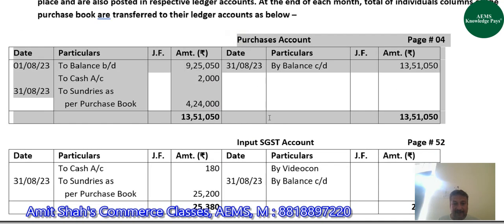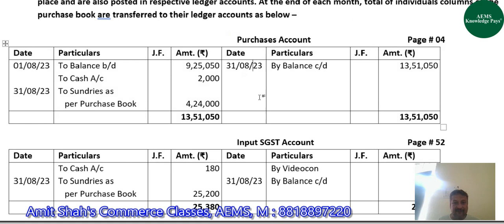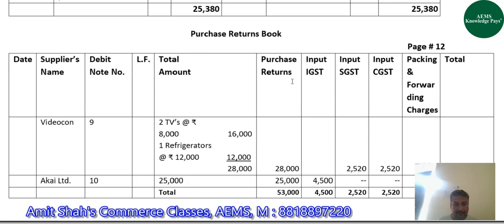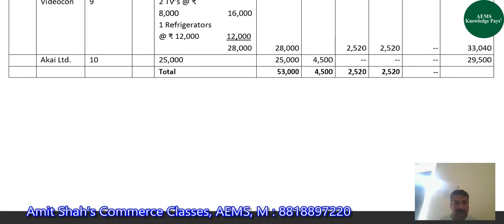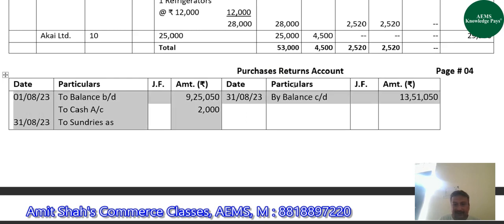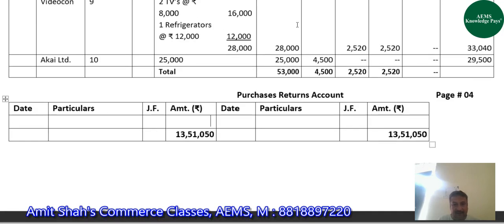The way we made the purchase account, same way we will make the purchase returns account. If there is cash purchase return, that will come on the credit side of the purchase returns account.